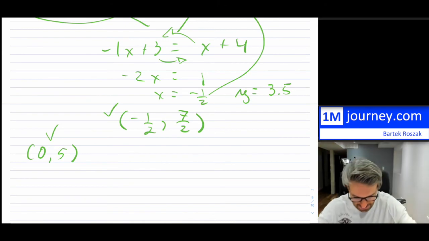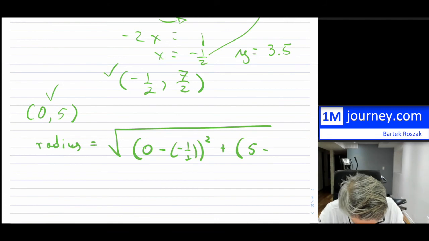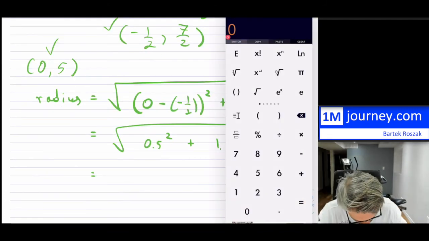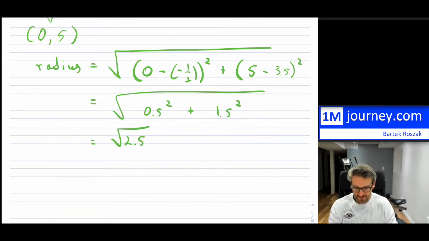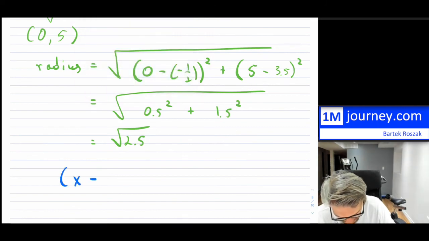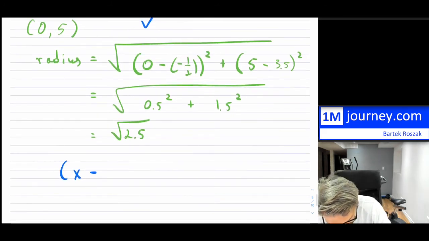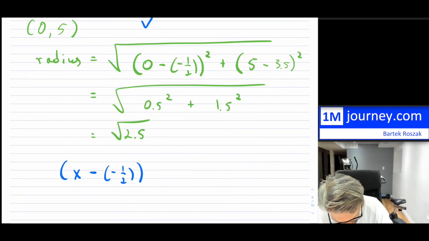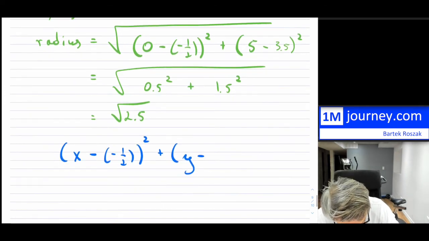So what's that distance? Here's our radius. So now we have our equation of the circle: x minus, this is the x value, right? So it's minus negative 1/2, that's squared, plus y minus 7/2.